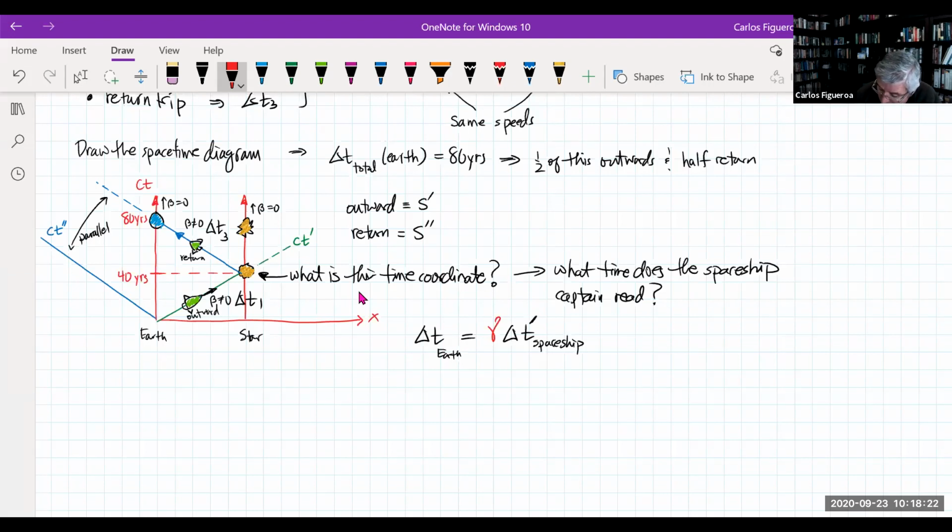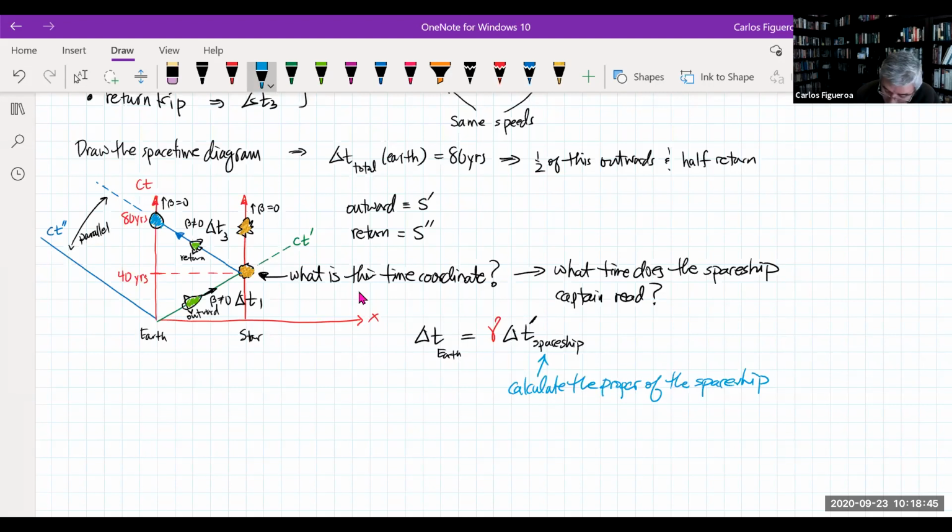So what this is telling me is that this allows me now to calculate the proper time of the spaceship.